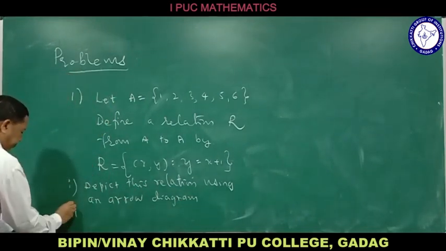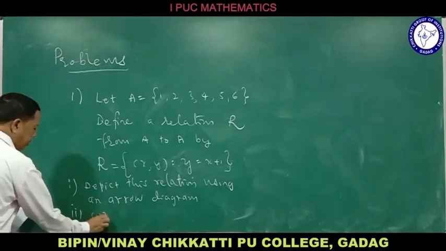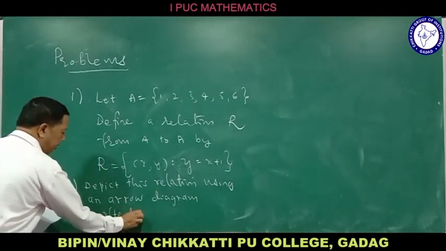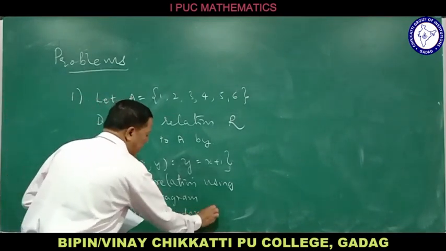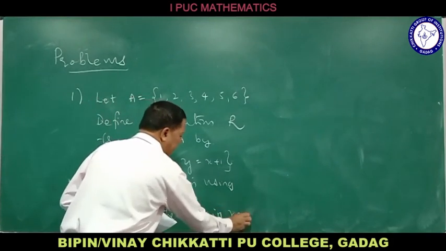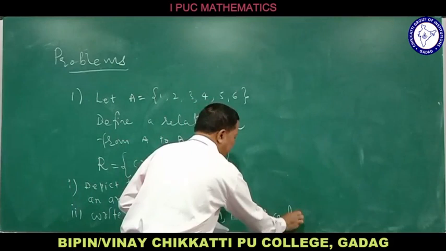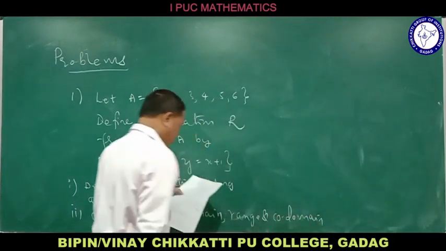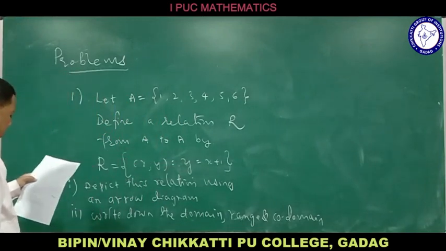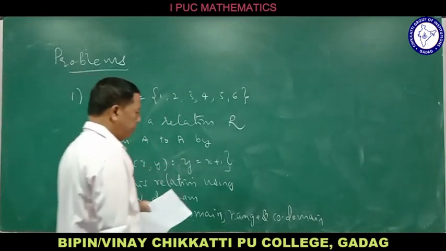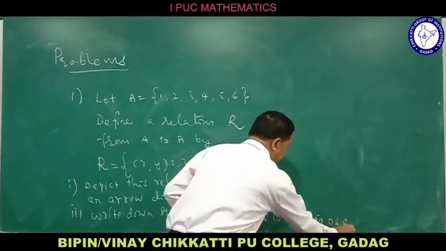Second question, write down the domain, range and codomain. Write down the domain, range and codomain of the relation R.